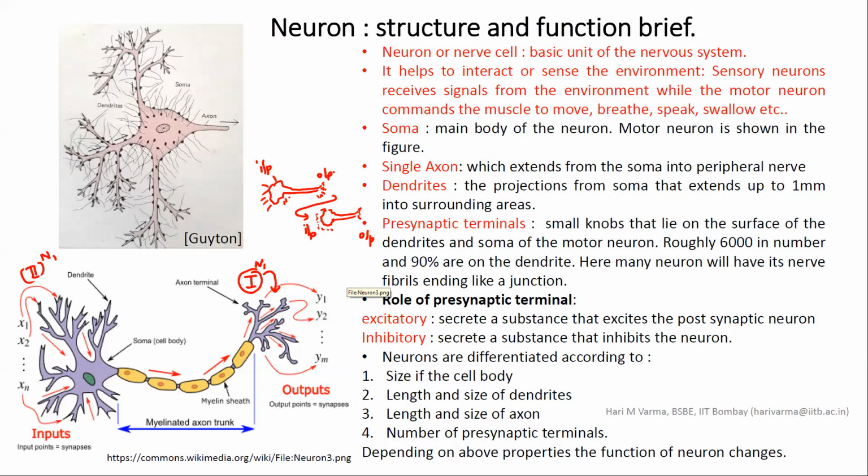There should be some way of wiring and rewiring. That flexibility should be there. So the connection between these two neurons is not actually a physical connection, not a continuous system, but discrete neurons communicating with each other through a certain mechanism.